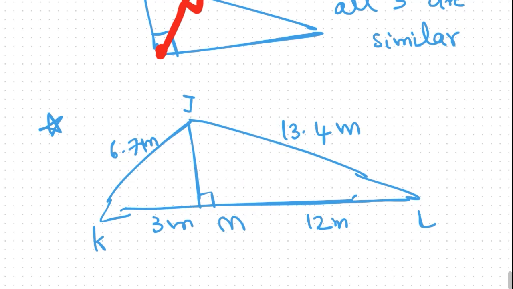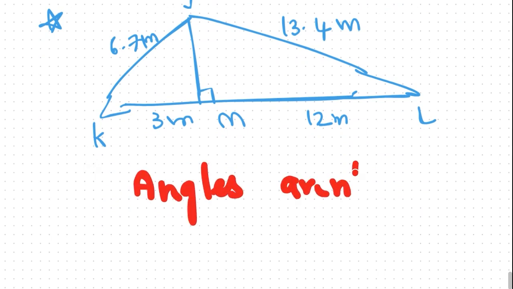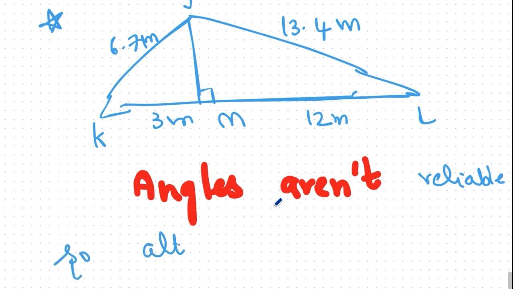Why is that? But there is no 90 degrees. So we cannot really compare the angles this time. Angles aren't reliable this time. What is the alternative? To judge from what?